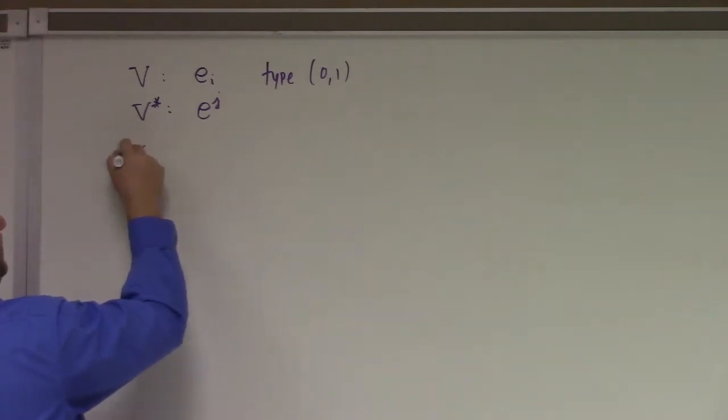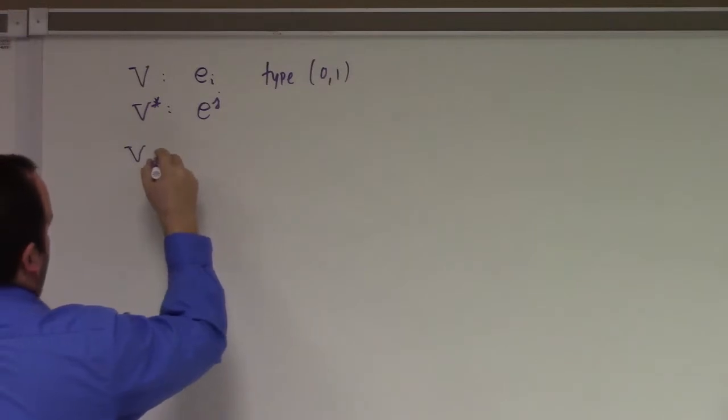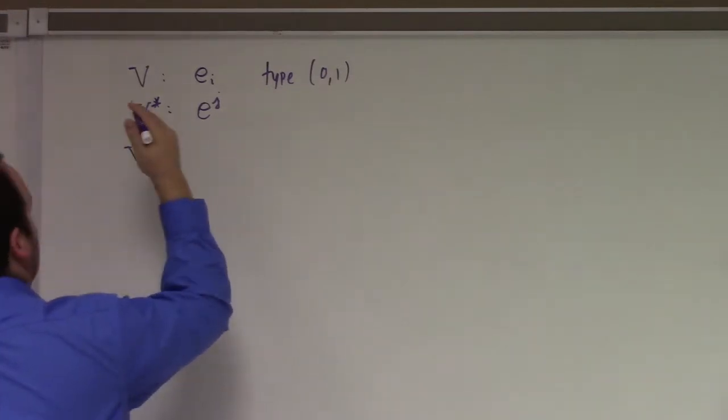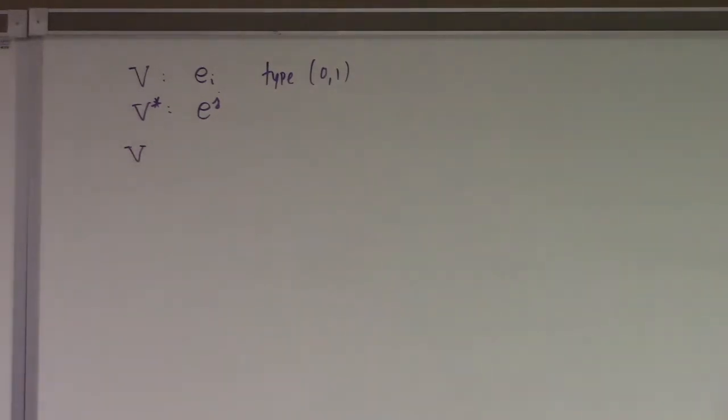What's something in... By the way, as I described last time, this set of things is interchangeable with what? What did we say? The p-fold tensor product of V dual tensored with the q-fold product of V, right?